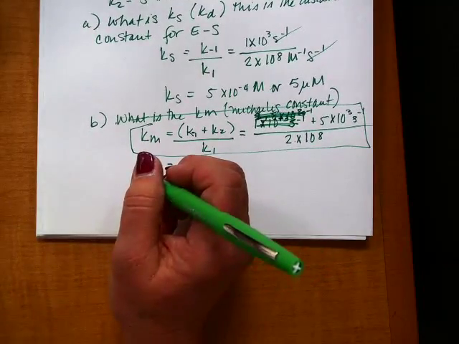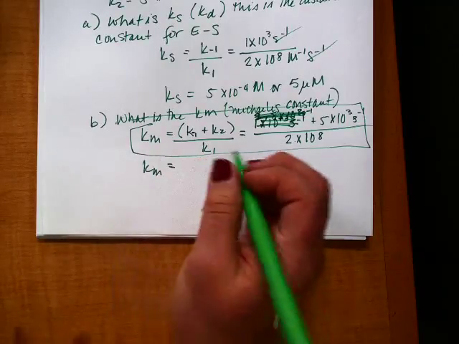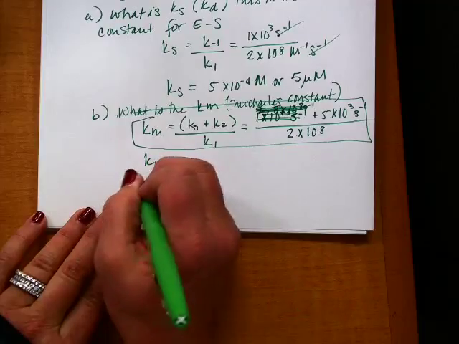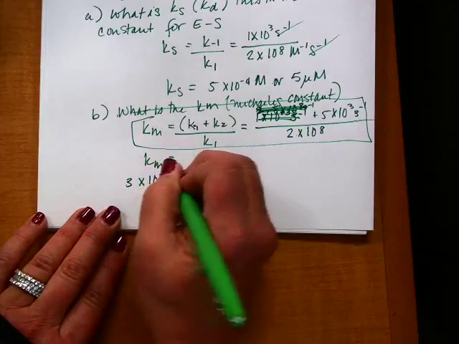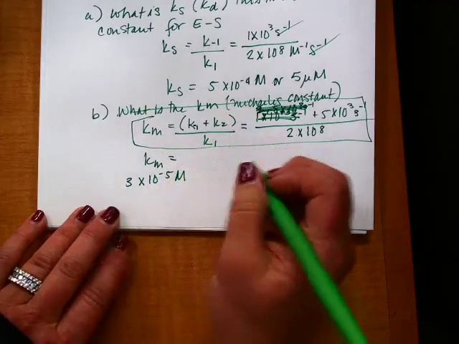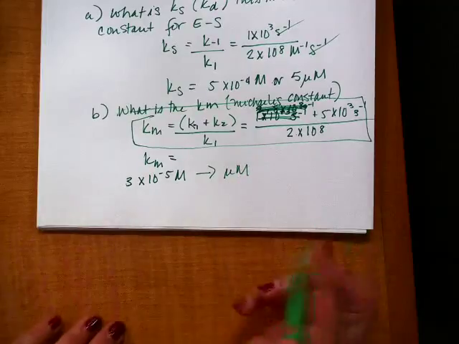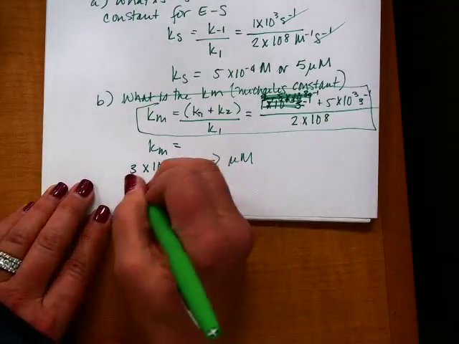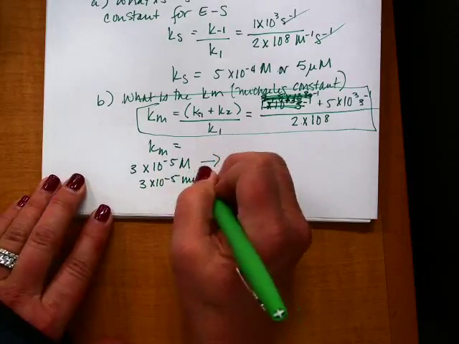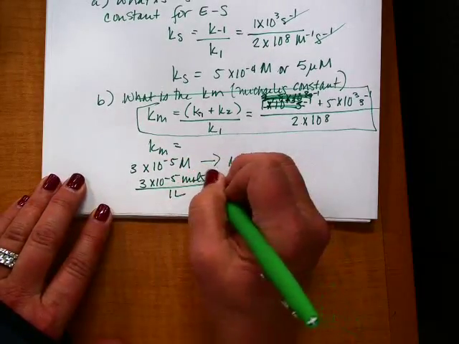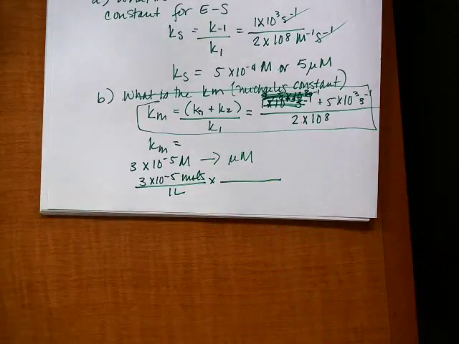One thing that I had to do, well, I didn't have to do it, but let's just do it. Let's say we have 3 times 10 to the negative 5th molar, and we want to convert that to micromolar. This just means that I've got 3 times 10 to the negative 5th moles in 1 liter. If I want to convert to micromolar, I just need to convert those moles to micromoles.